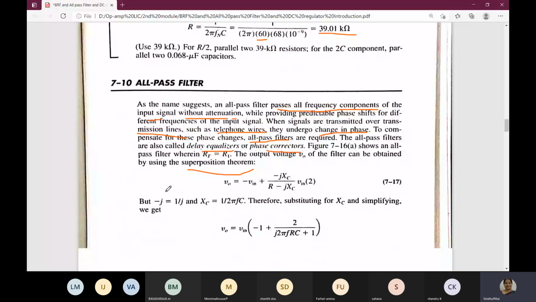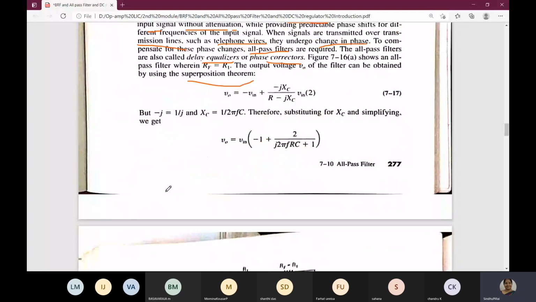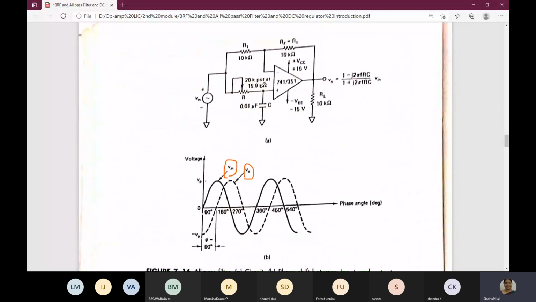Here the circuit is shown. It is like a low pass filter, but the input is given to both the inverting and non-inverting terminals, and the feedback is not grounded here. We have a resistor and a capacitor, like a low pass filter.